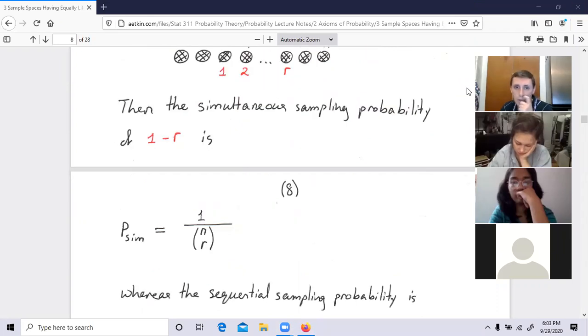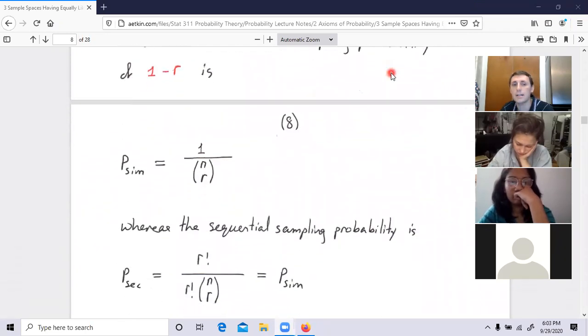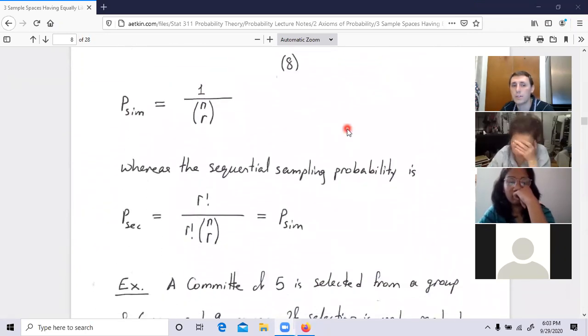Now, if you are with me, what would be the difference? What happens if I make a sequential selection, right? Sequential selection means that all R factorial times n choose R possibilities are equally likely. You agree why there is a factorial? Because the R factorial here tells me who was first, who was second, who was third, and so on. So the denominator means we know the sequence in which those balls came out.